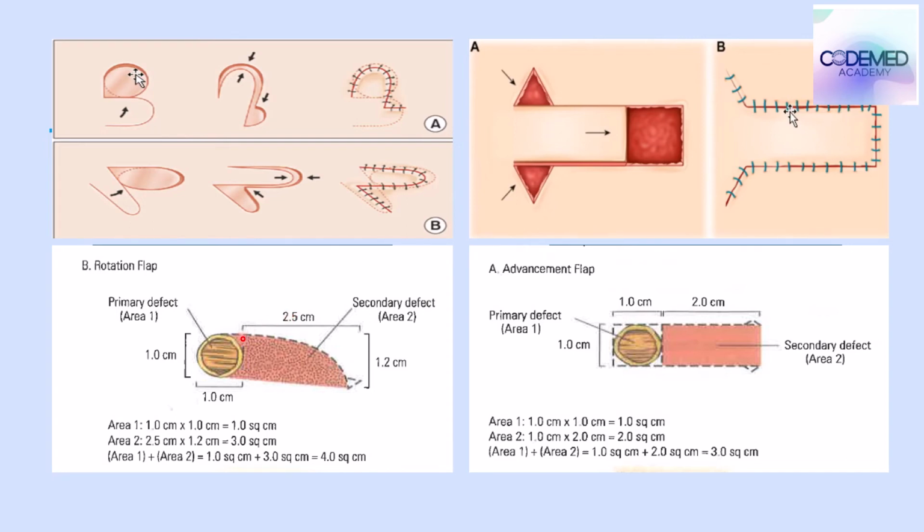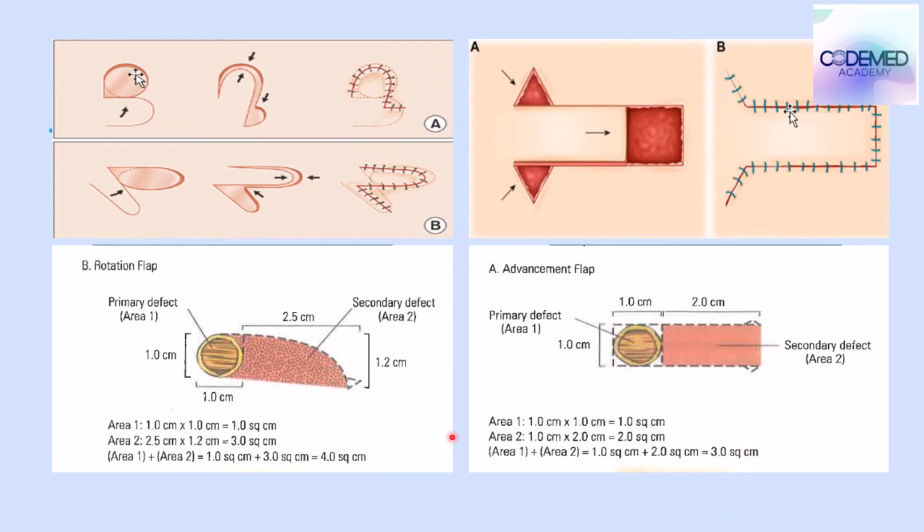So the length is 2.5 and the breadth is 1.2 centimeter, that becomes 3 centimeter. So I'll be coding for 4 square centimeter, because area 1 is 1 square centimeter, plus area 2. So what is the formula? Area 1 plus area 2 is equal to this. This is the ATT. And similarly, this is also one more example.